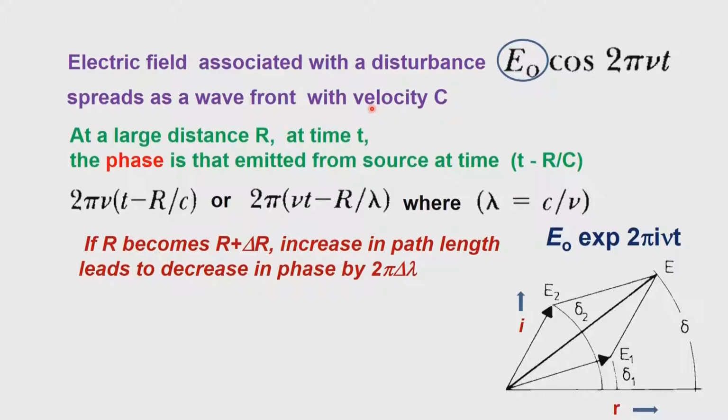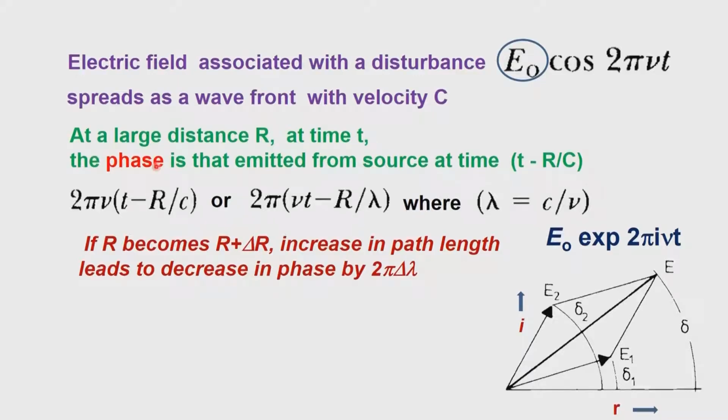Now, just as we were mentioning, as the spherical wave fronts spread from a given point to very large distances, what really happens is that we look at the phase associated with that wave at a time t at a distance r. So, we move to a distance r from the position of the scatterer, and at time t, we observe the behavior of the wave at a distance r.